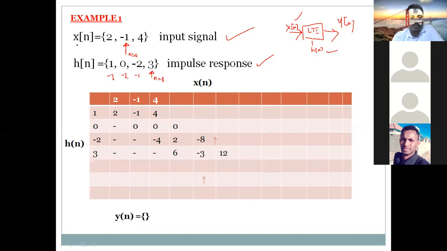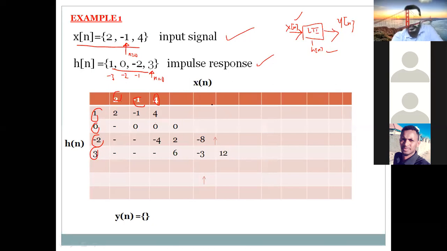So the input 2, -1, 4, we write it here, and the impulse response 1, 0, -2, 3, we write it here. Very simple. Any input given, you put it on this row. The impulse response, we put it here vertically.